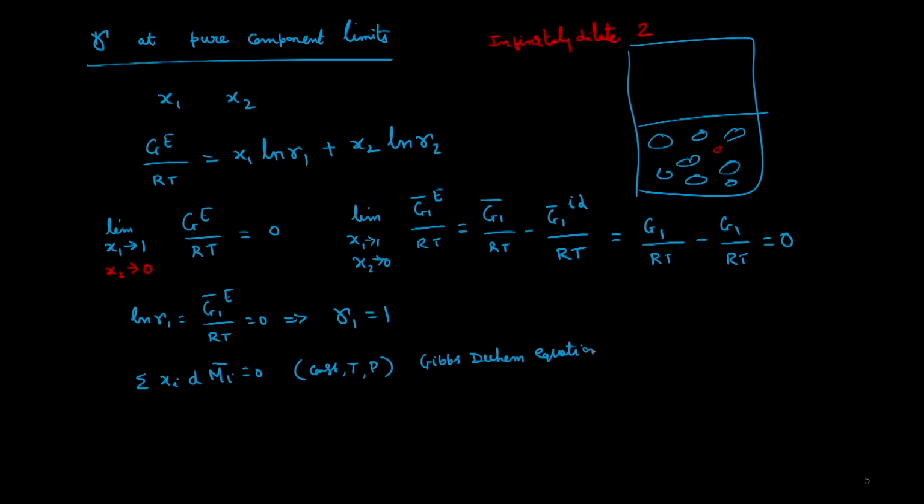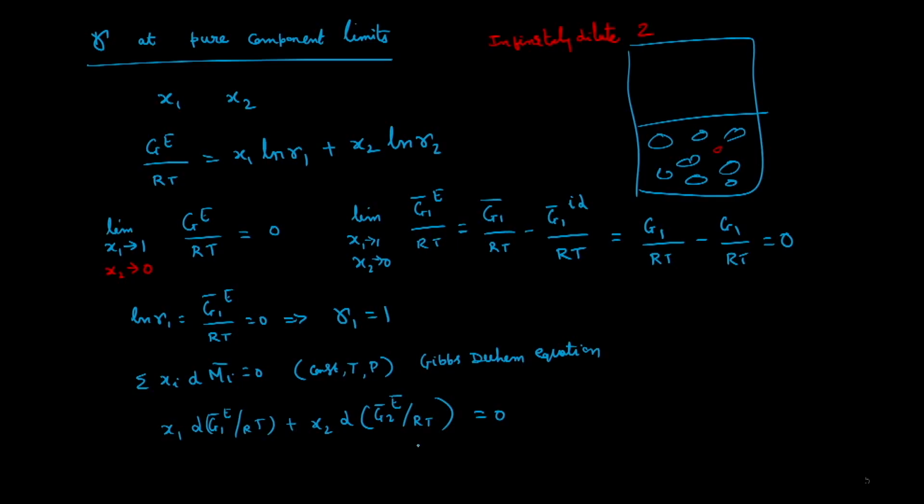I will use this equation and I'll use the partial molar Gibbs free energy G i bar E in this particular equation. So this will read x1 d G1 bar E over RT plus x2 d G2 bar E over RT. I'm just using it for a binary solution, will equal 0.